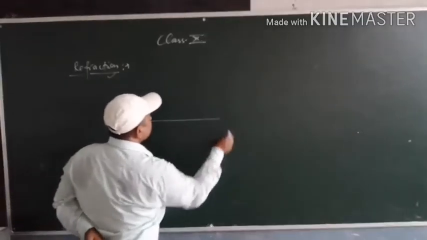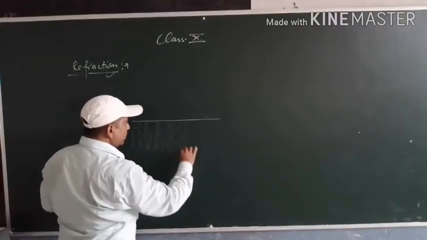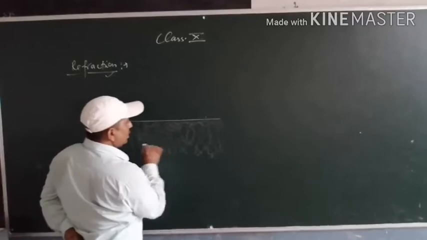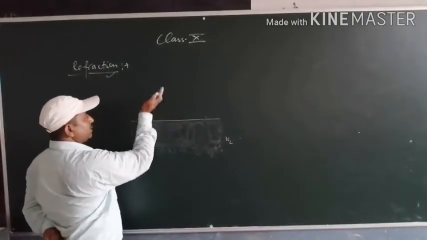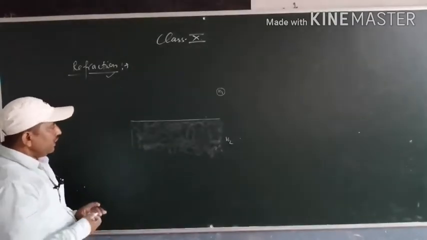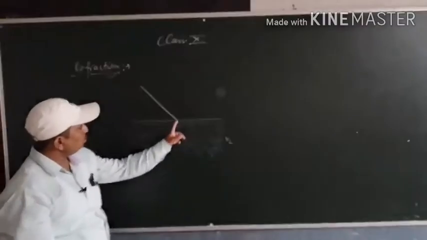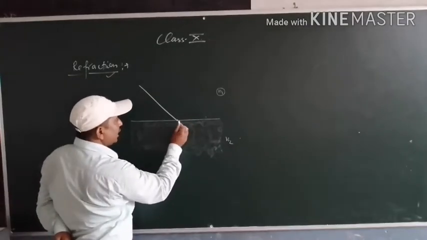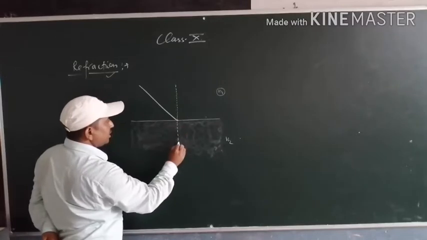So suppose that this is a bisecting plane. The below side has a denser medium of refractive index N2, and the upper side of this surface is a rarer medium of refractive index N1. Suppose a light ray comes towards the surface at this point, known as the point of incidence, and the normal, or perpendicular line, passing through this point on the surface is assumed as the normal.